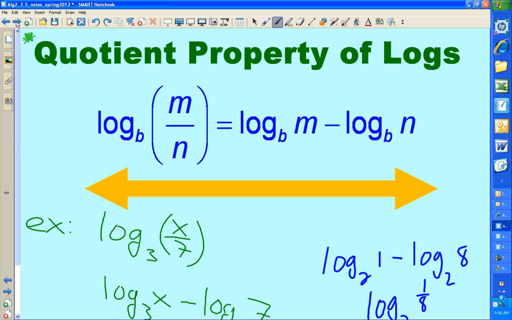When we get to the last property, you'll say, hey, that's quotient property. And you mix the two up. It's very easy to mix them up. When you have the log of a quotient, so it's important to define that we're doing the log. So the word log appears one time. Of a quotient. So log of a fraction becomes the log of the top, the numerator, minus the log of the bottom, the denominator.